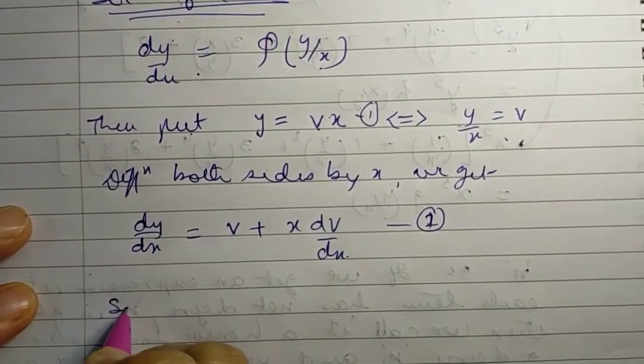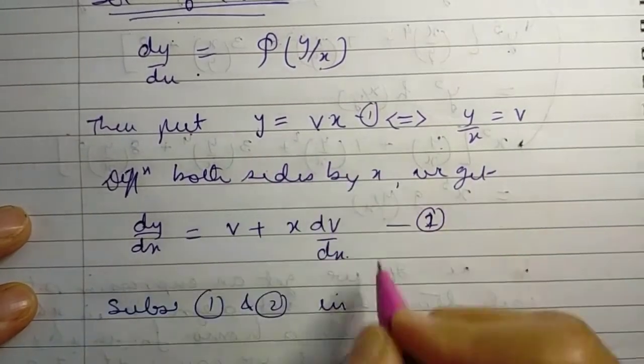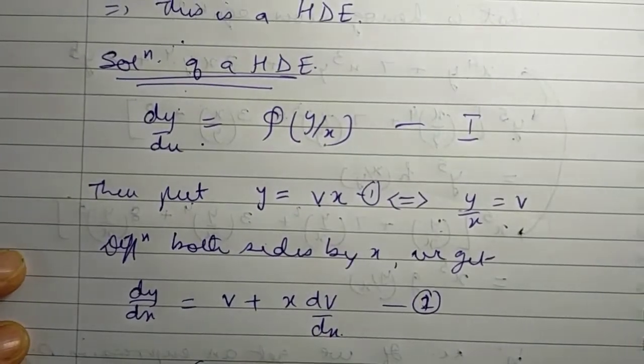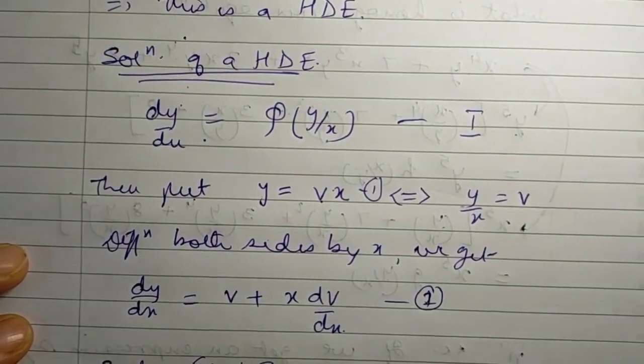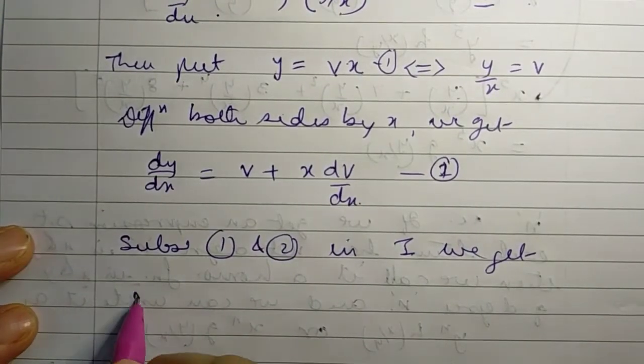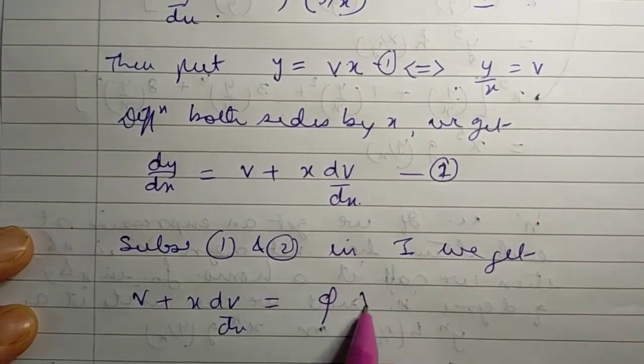Now substituting 1 and 2 in the given expression, let's call it expression 1, in place of dy by dx we write v plus x dv by dx is equal to phi of v.